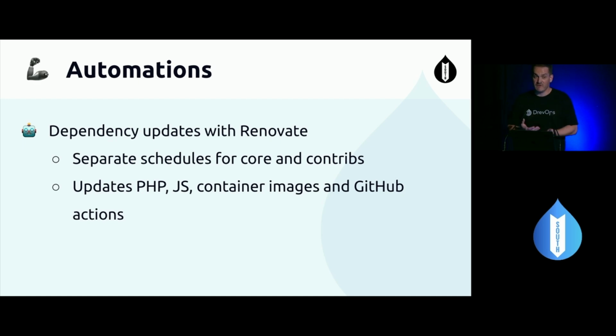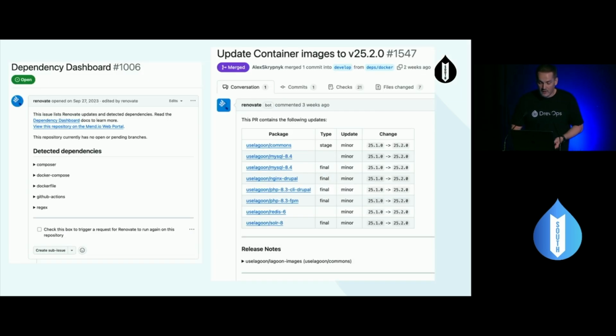So Renovate updates Vortex itself, and Vortex is up to date all the time. Any time you install a new project, you always get the latest and greatest Docker images, PHP packages, etc.